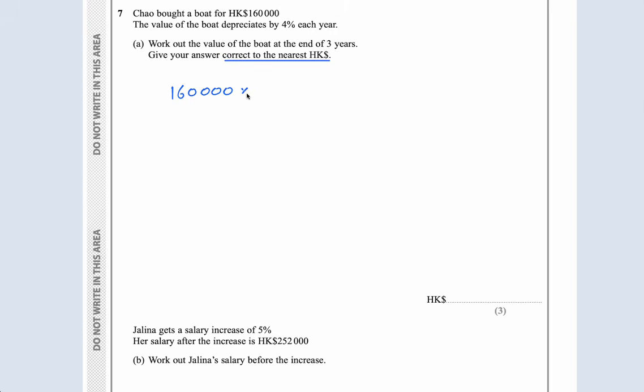Well, the way you do it is you multiply by 0.96, because 100% minus 4% is 96%. So that will give me 96% if I multiply by 0.96. But if I want to do it again, for the second year, I'll multiply by 0.96 again. And if I want to do it for the third year, I'll multiply by 0.96 again.